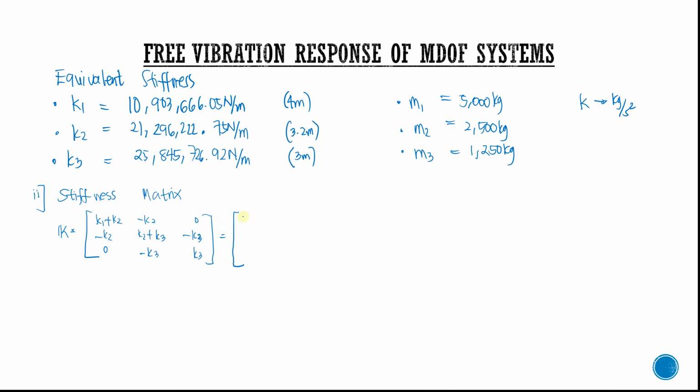We have the K1 plus K2, so we have 10,903,666.05 Newton per meter plus the 21,296,222.75 Newton per meter. Then the negative K2, negative 21,296,222.75 and 0.